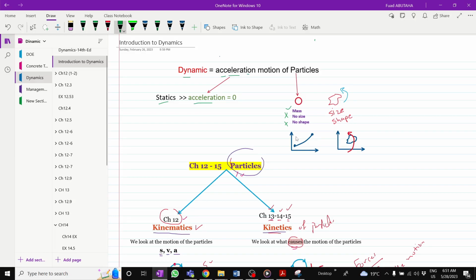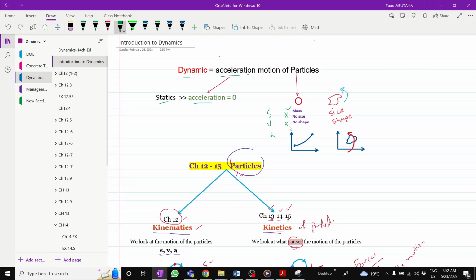So in the questions in the previous chapters, we did not have any information about the size or the shape. We were only discussing the type of motions in terms of position, velocity, and acceleration.